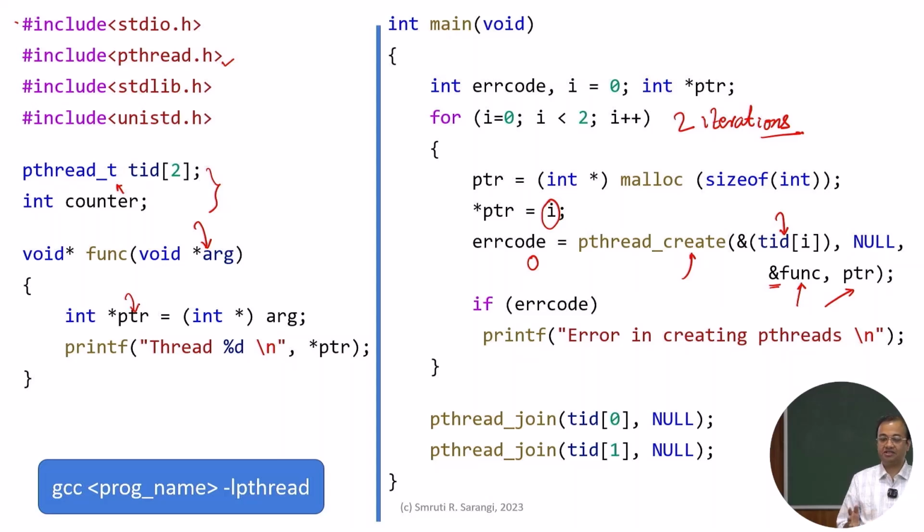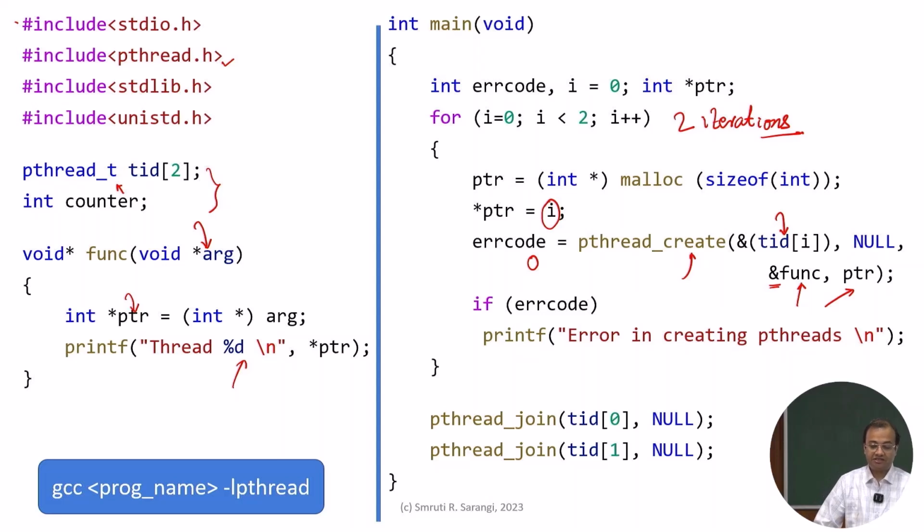You are essentially typecasting it back, and you are saying I am thread %d, where %d is the contents of the pointer. So it is either 0 or 1. You are creating two such threads, so you are either printing 0 on the console or printing 1 on the console.